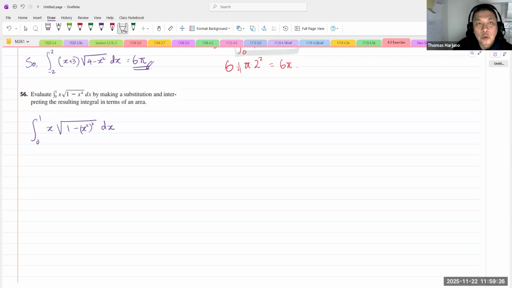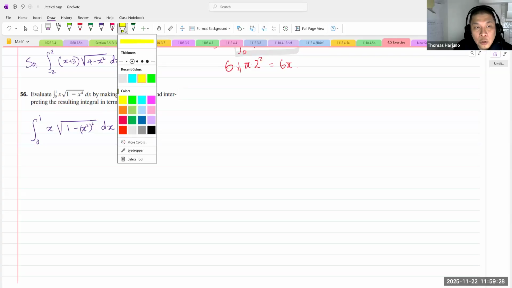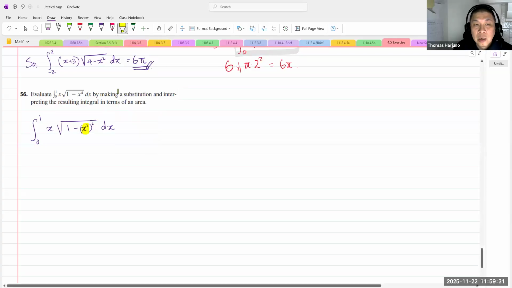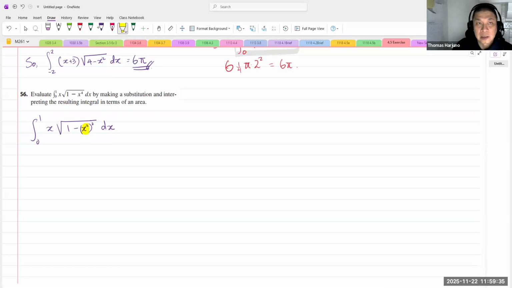Now, why do I do that? Because remember, if our u is x squared, then the du has something to do with x dx. Okay, so du over 2 is x dx.